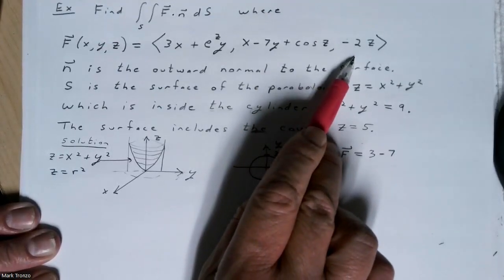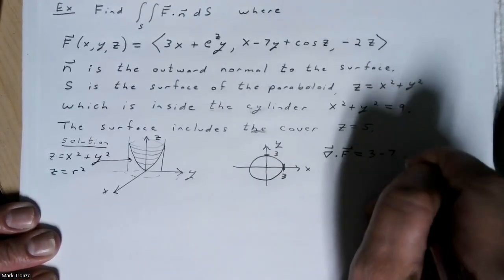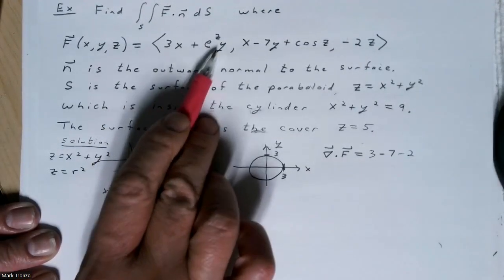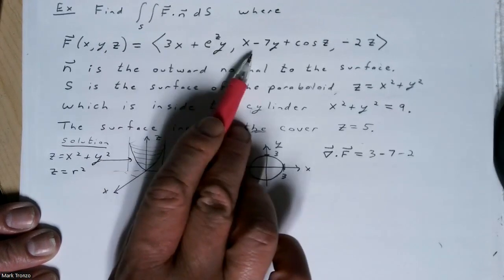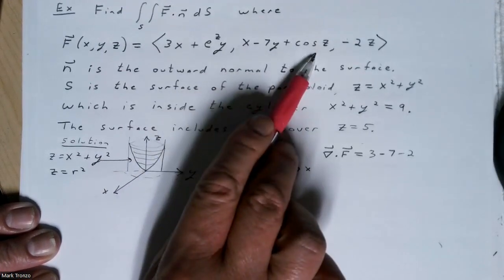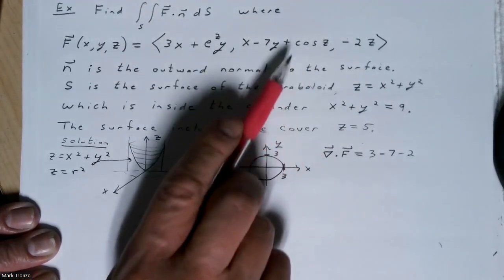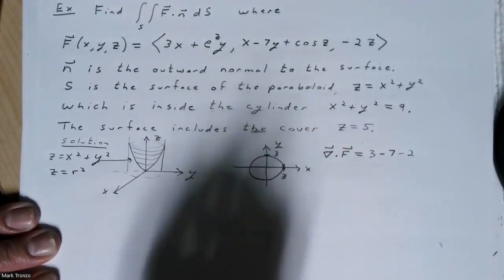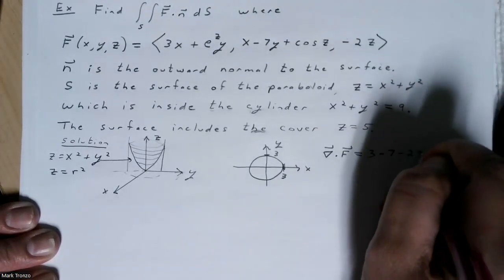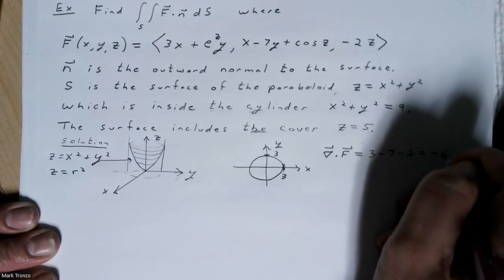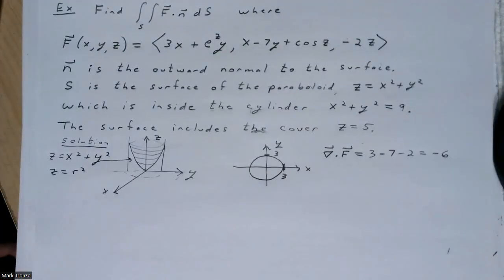Derivative of this with respect to z is -2. Because we do this with respect to x, this all disappears. This disappears, this disappears. And so we have 3 -7 -2. That's going to be minus 9 plus 3. It's going to be minus 6.